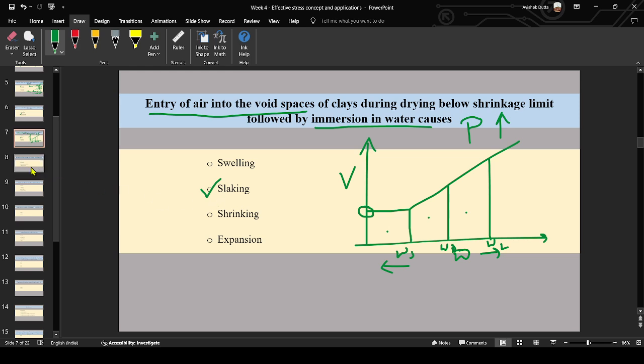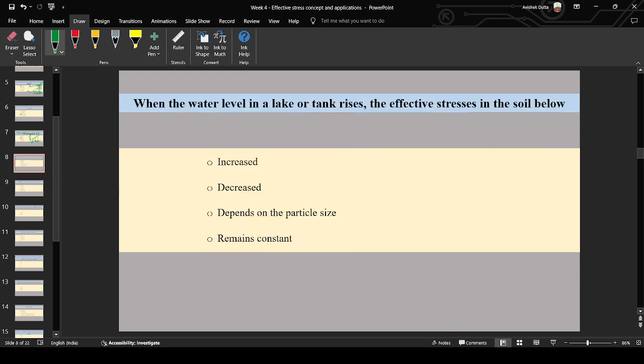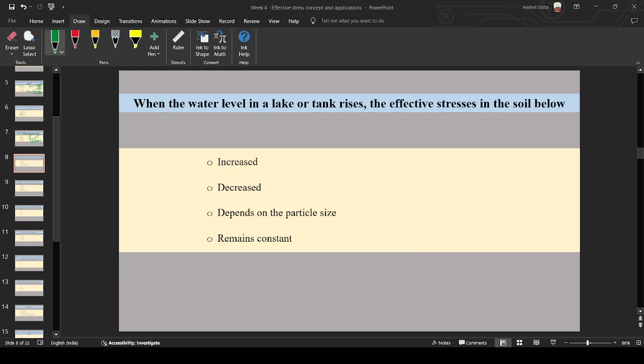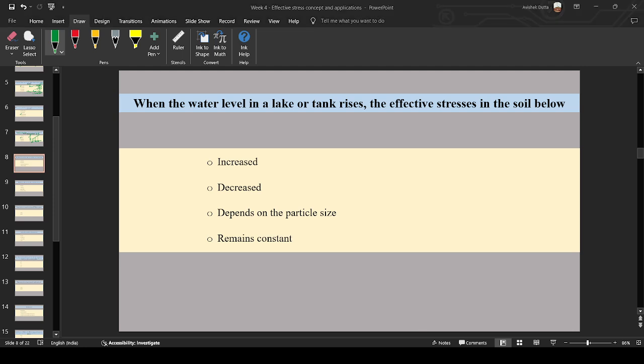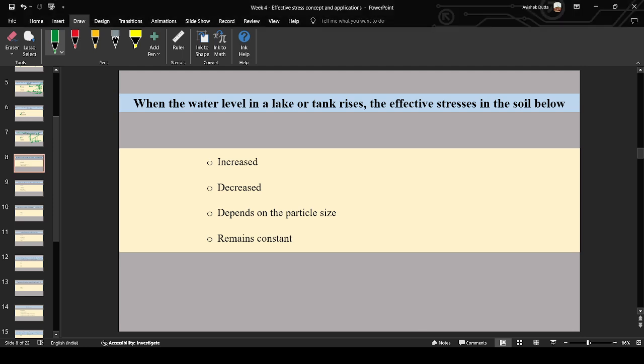Next question. When the water level in a lake or tank rises, the effective stresses in the soil below. This is a very easy question. Since the water level rises, we know that there will be no change in the grain to grain transfer of pressure in the soil.